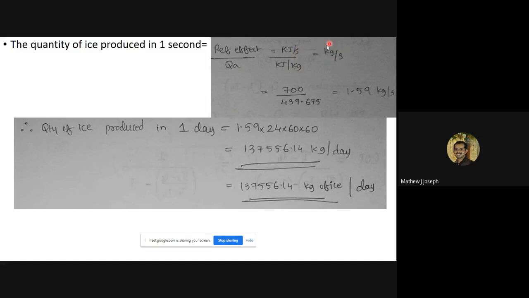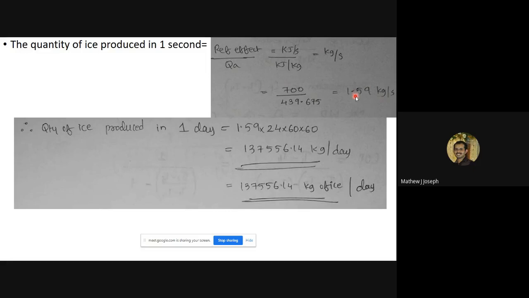The final result will be in kilogram per second, which is our required value. So the quantity of ice produced in 1 second is the refrigeration effect divided by QA. That is 700 divided by 439.675, which is 1.59 kilogram per second.